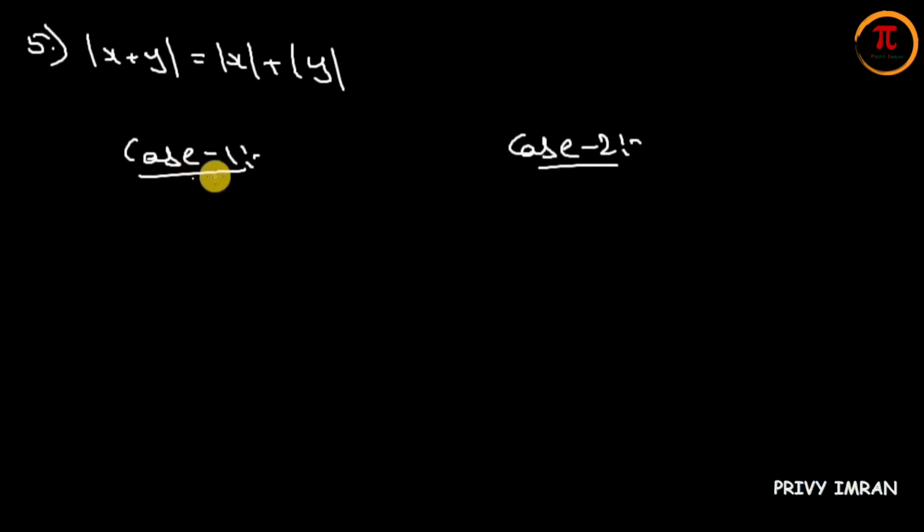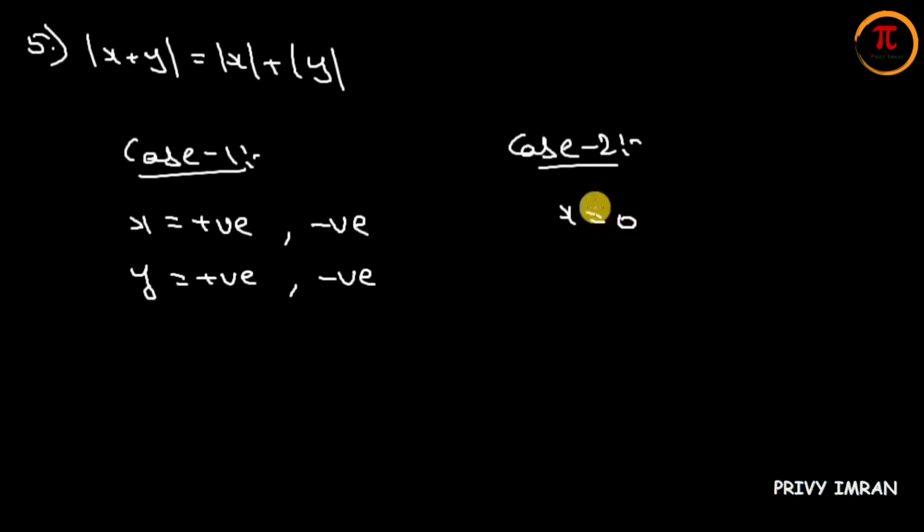In case 1, here x and y having same sign means x value should be positive and y value should be positive. Or else x value should be negative and y value should be negative. And again while coming to case 2, any one of the values should be equal to 0. Either x is equal to 0 or y equal to 0. Then only this condition will get satisfied.